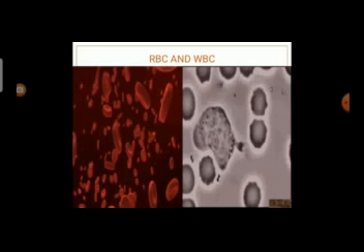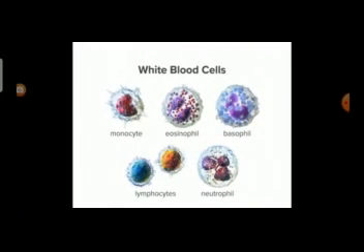White blood corpuscles are larger in size, contain a distinct nucleus and are colorless. They are capable of amoeboid movement and play an important role in the body's defense mechanism. Now we see about the types of WBCs.